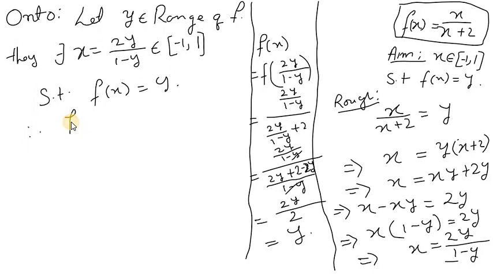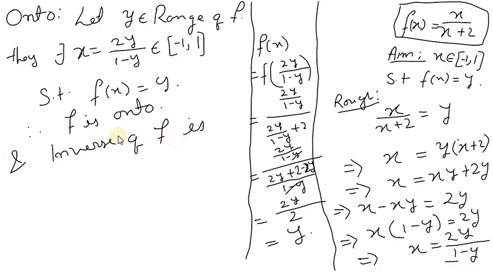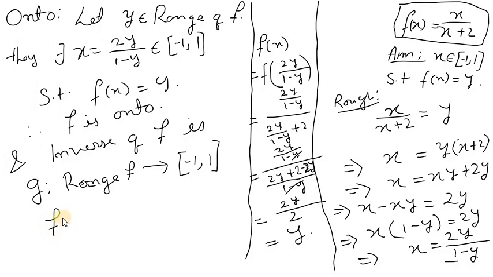Therefore f is onto, and the inverse of f is a function from the range of f to the closed interval [-1, 1], so that g, sorry, it should be what?